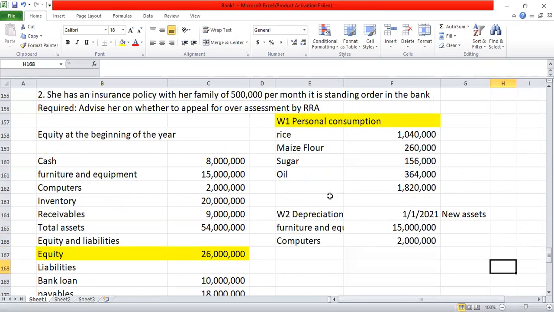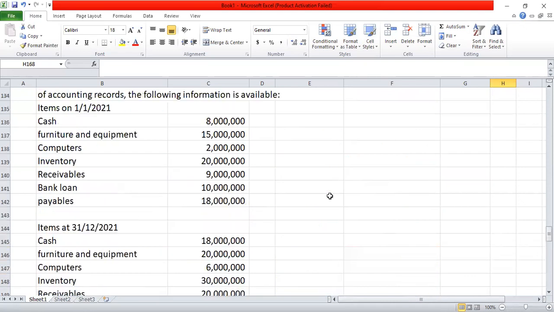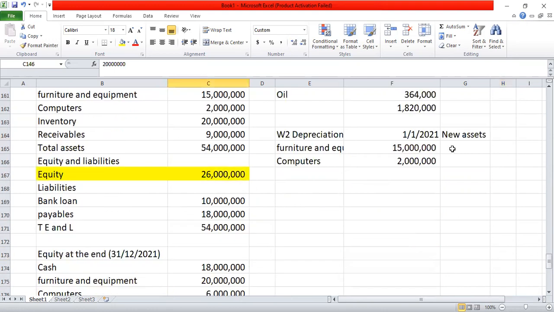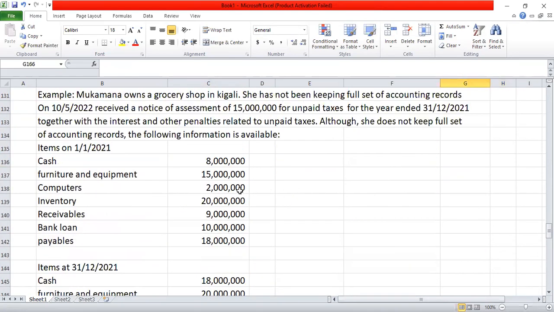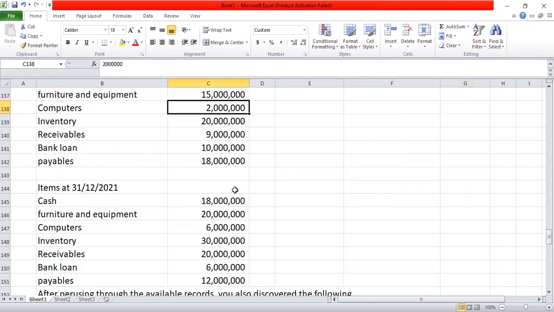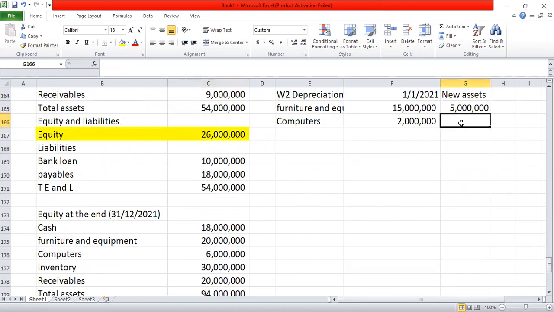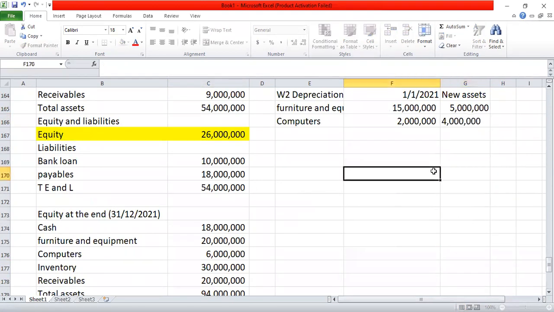If at the beginning I had furniture of 2015 and at the end I have 20, it means I purchased furniture of 5. Computers, at the beginning I had 2 million and at the end I have 6. It means I purchased computers of 4 million.